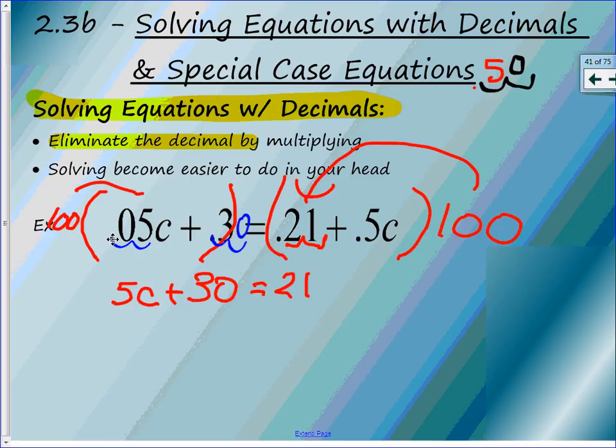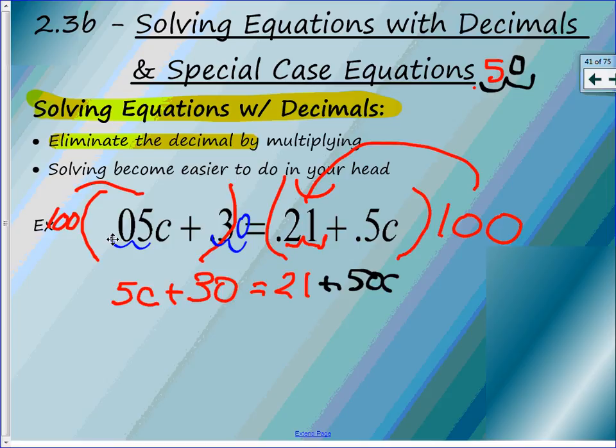So that's 21 plus 50c, okay, as I got right up there. Questions so far? Right. So since 100 has 2 zeros, you move it 2 spots to the right. If we're doing 1,000, you do 3 spots to the right because 1,000 has 3 zeros.